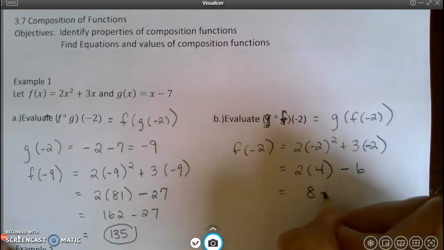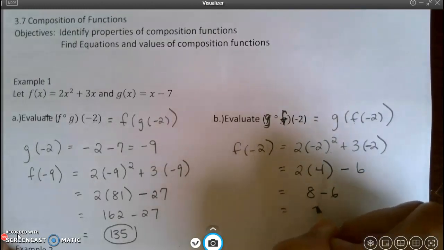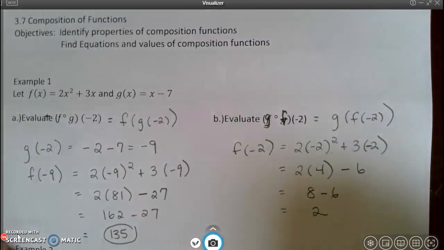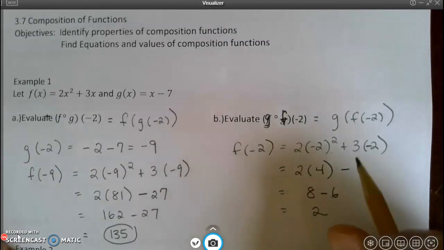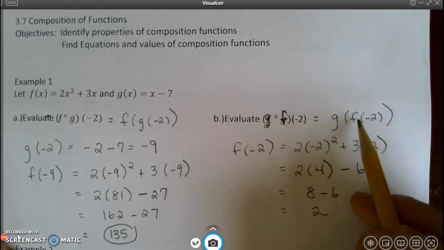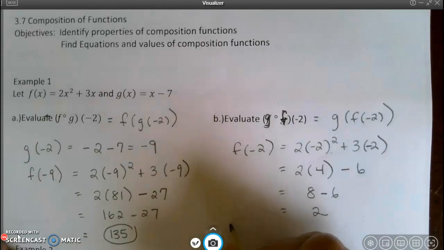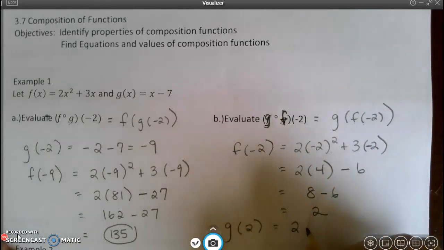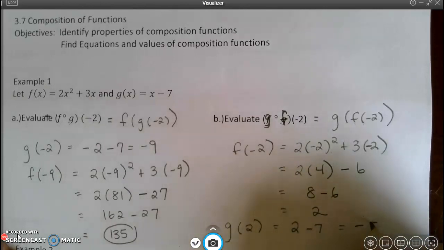So I'm left with 8 minus 6, which is 2. Now I'm going to take that answer for my f at -2 and put it into the g function. So now I'm calculating g at 2, which is 2 minus 7, or -5.